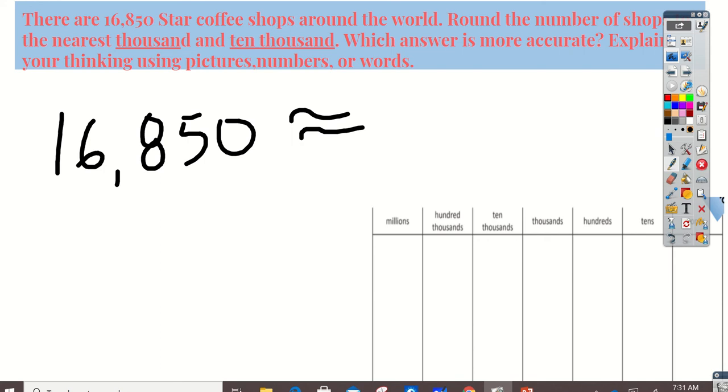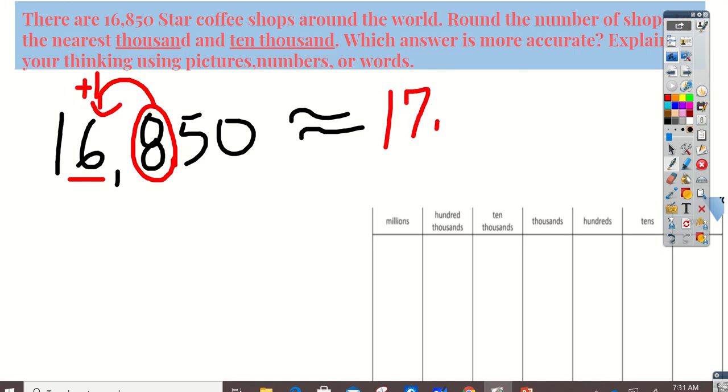The nearest 1,000 unit, okay, so 6 is in the thousands place and 8 is being rounded. When we have 8 there, we know that 8 goes up on the roller coaster, so we're going to add 1 more to 6, making our number 17,000.